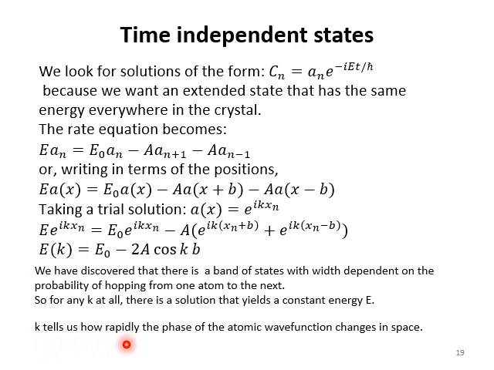And remember that k tells us how rapidly the phase of the wave function changes in space from atom to atom. So we've actually deduced a dispersion relation here, and it doesn't look anything like the kinds of dispersion relations that we've solved before, but it does relate energy to wave vector. And we can take derivatives of this and find out what the acceleration and effective mass would be.